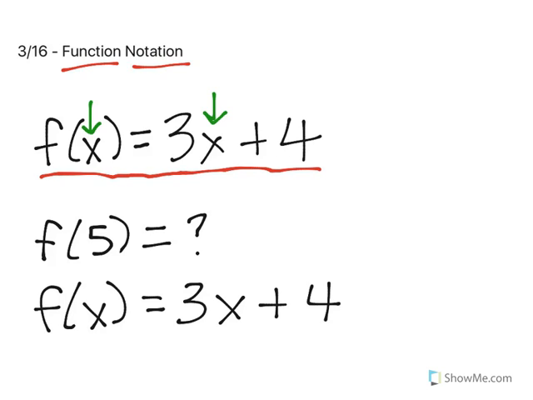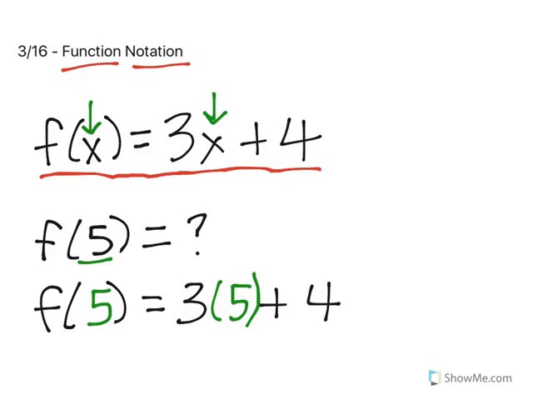Notice that in the question, the x here is 5. So I will erase the x here, replace it with a 5. That means anywhere there's an x, I will erase it and write parentheses 5.